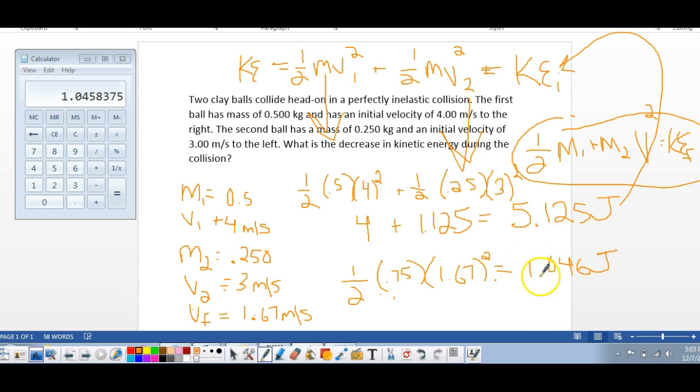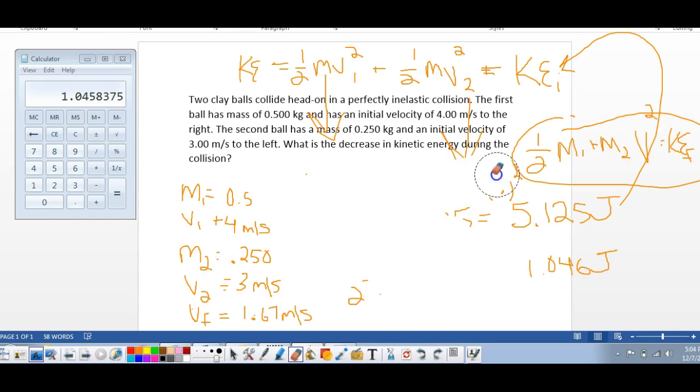We'll take this 1.04, or almost 1.05. Hopefully you got those answers; just write them down if you don't. So we end up with those two values.